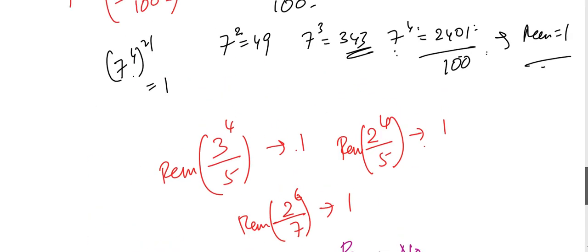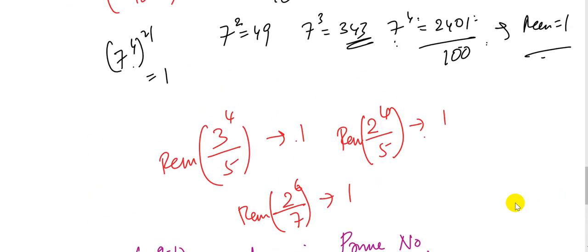Sir, could you please repeat the remainder of 2 to the power 6 by 7, which is 1? I tried to apply the congruence modulo, and it's 2 by 7 whole to the power 6, right? If you are doing congruence modulo, the remainder is 2.